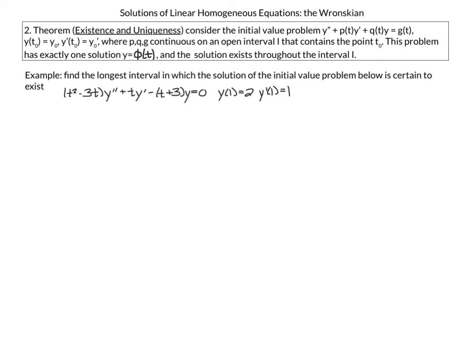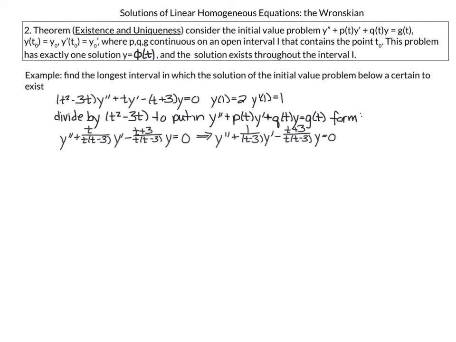So here is our y double prime. First, we need to put it in the correct form so that y double prime doesn't have anything in front. So here I divide everything by t squared minus 3t to put it in the form that I want.